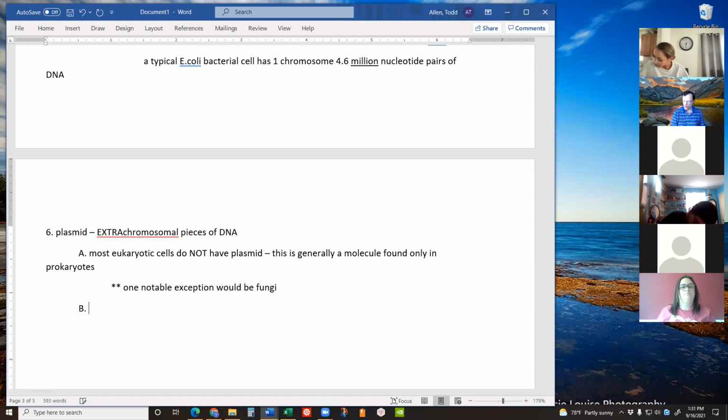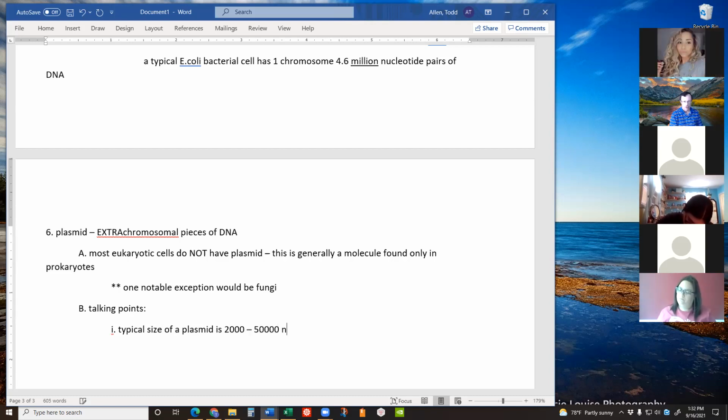So what should we tell you about the plasmids? Well, compared to the giant size of both animal cell and bacterial cell chromosomes, plasmids are very tiny. The typical size of a plasmid is about 2,000 to 50,000 nucleotide pairs of DNA.